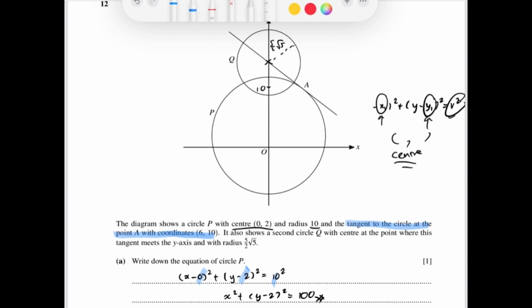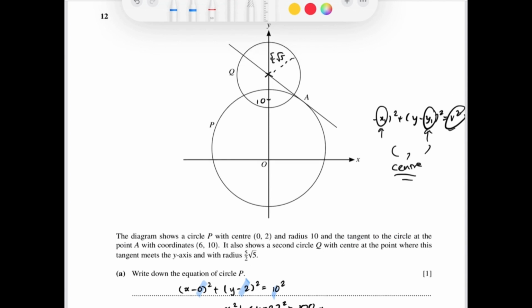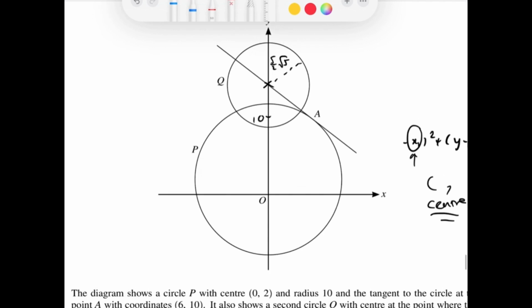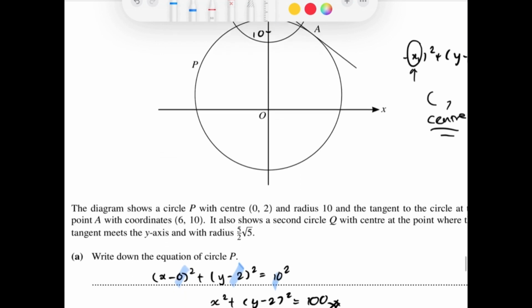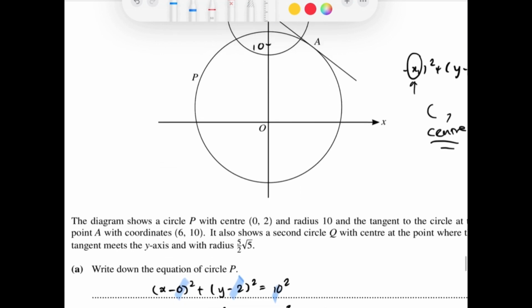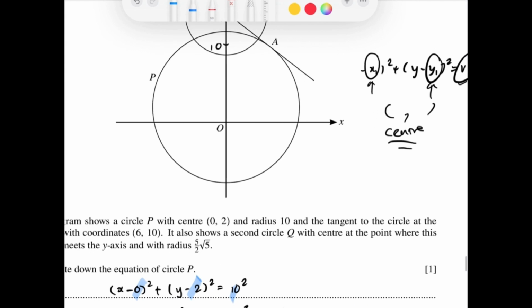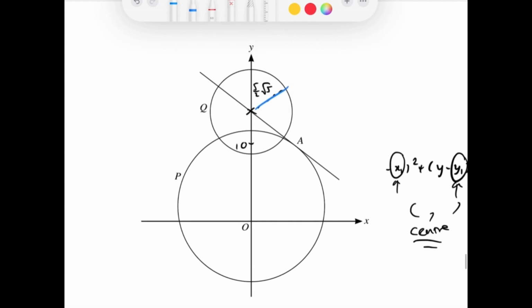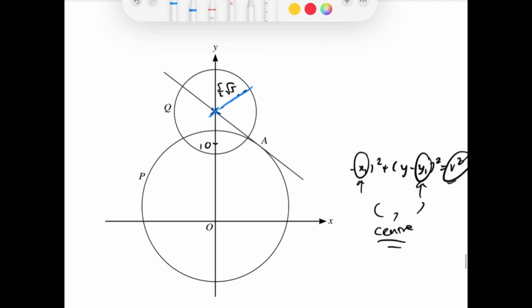So, second circle Q with center at the point where this tangent meets the y-axis and with radius. Okay, we know the radius, 5 over 2 times square root 5, and we know that the center is where the tangent meets the y-axis.